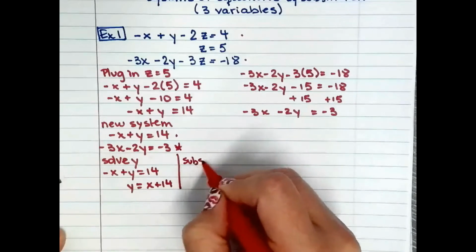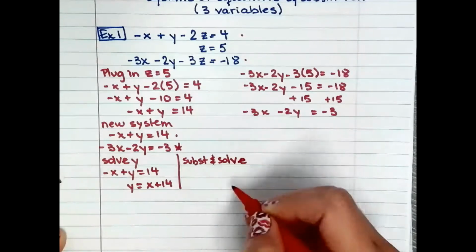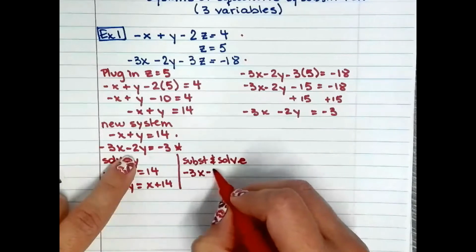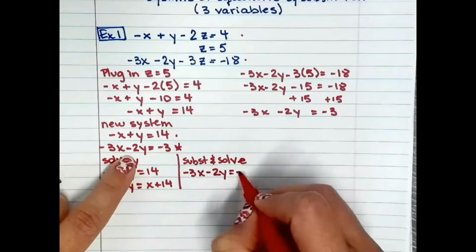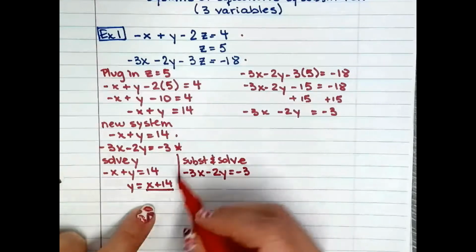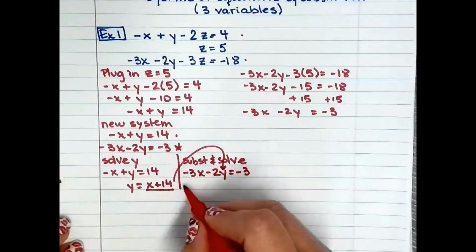Substitute and solve. You have to substitute in the second equation, a different equation. You can't just substitute in itself. So now that I know y is this, I'll go ahead and plug that in for y.